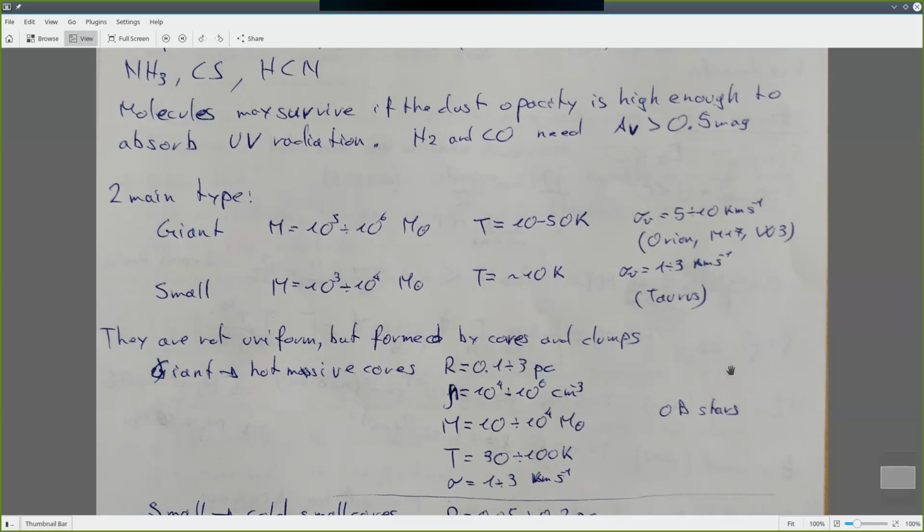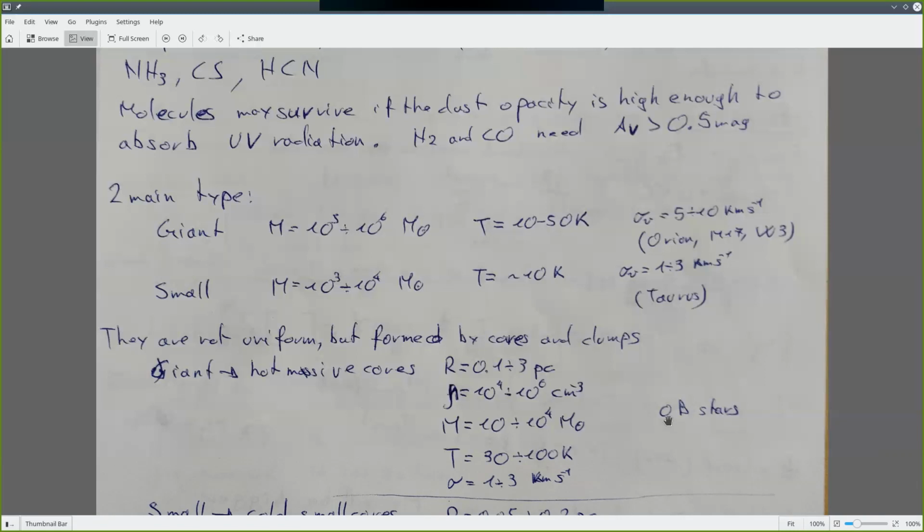OB stars usually form in what is called the OB association, because it's easier to find, since you have a lot of these really bright stars, and there you can see the fragmentation well. We'll see in the next class that an OB association is not bound. The stars are not connected.